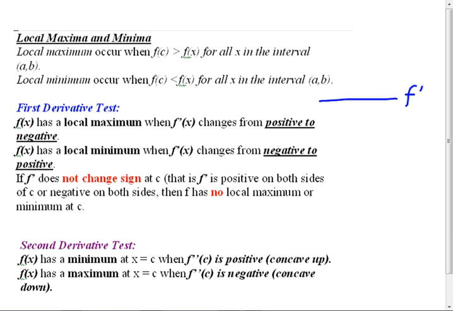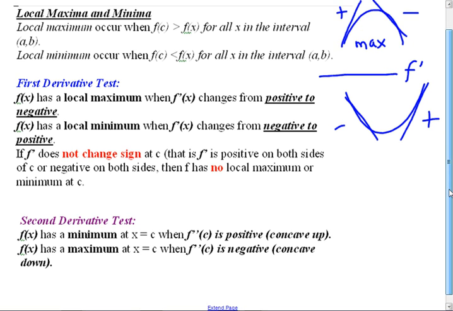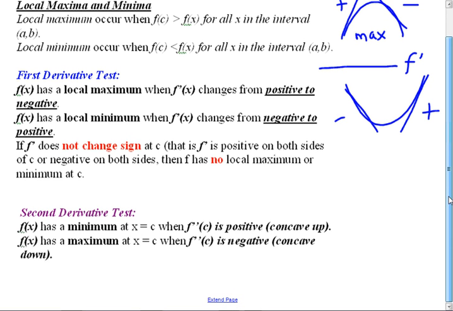If I'm looking at a function that's obviously a max, what's going to happen to the first derivative? Positive, negative. I just draw the picture. What if it's a local minimum? That's negative, that's positive. Sometimes there's no sign change. If there's no sign change, you don't have an extreme value.